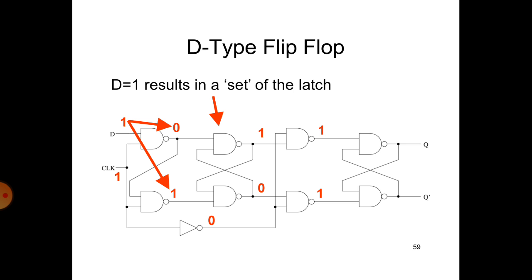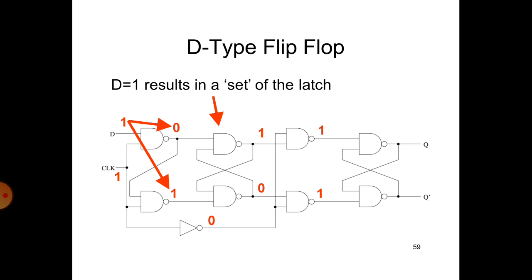So here D will be 1, results in a set of the latch. So in that case, D and clock will be 1, so the output of the first NAND gate will be 0.